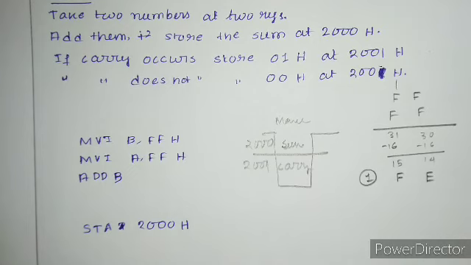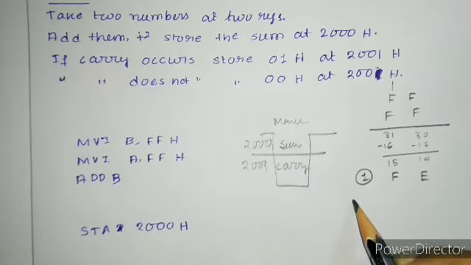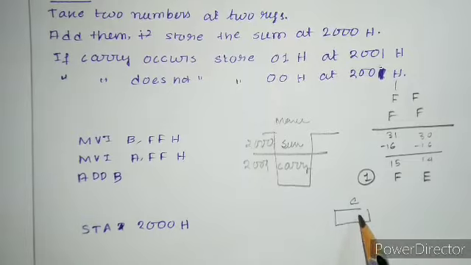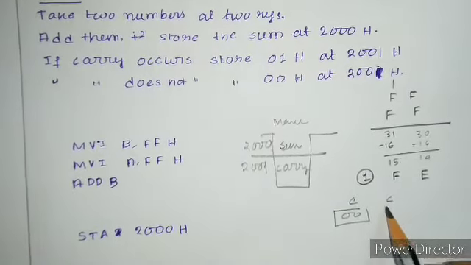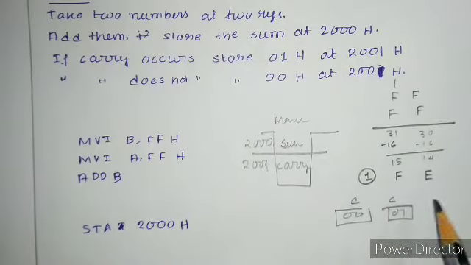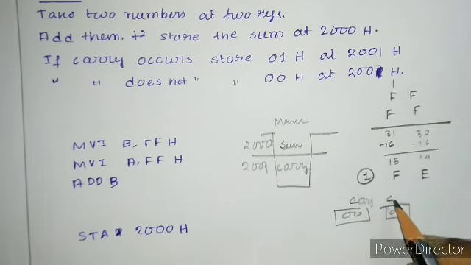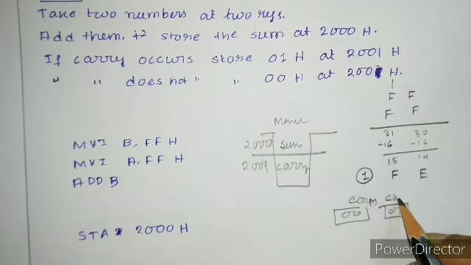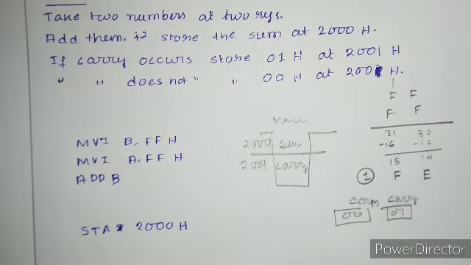We have read about the instructions JNC, jump if not carry, and JC, jump if carry. Here we will apply them. How? See, the carry flag can either be 00 or 01. There are no other values. So what can we do?